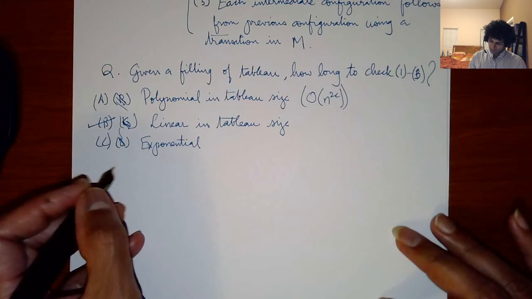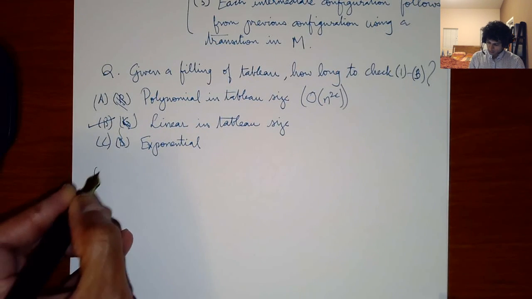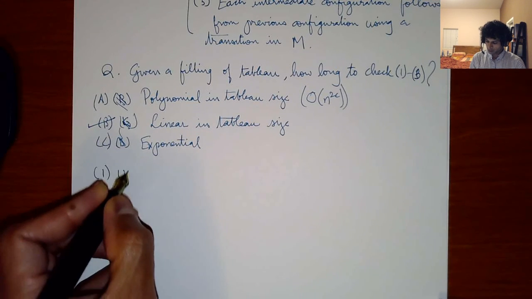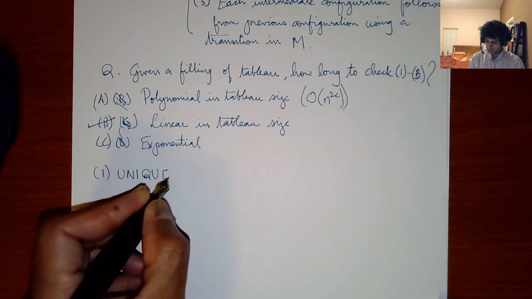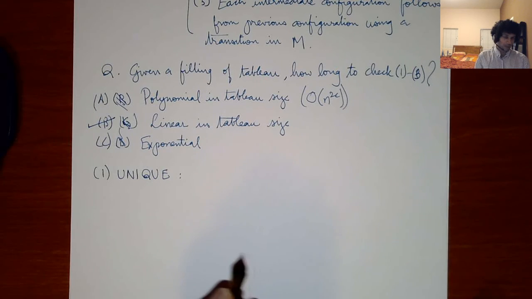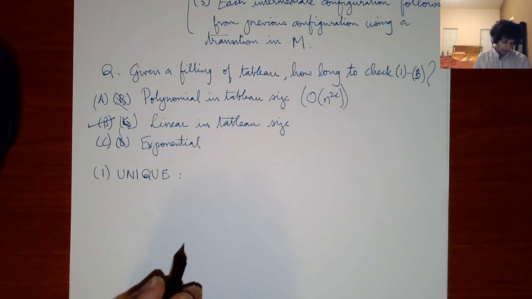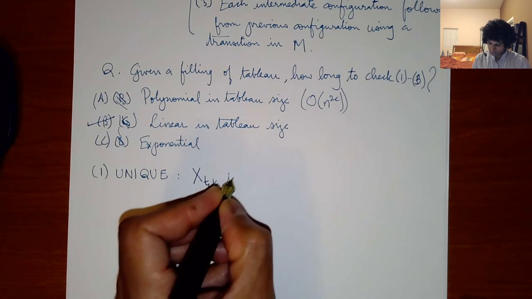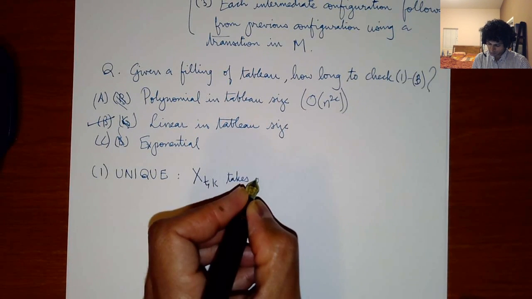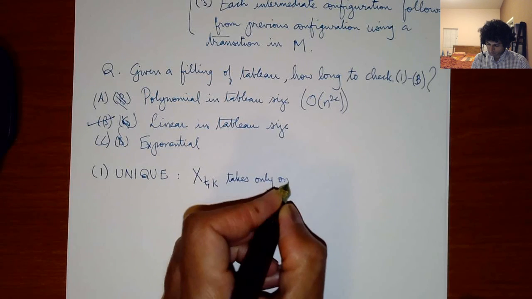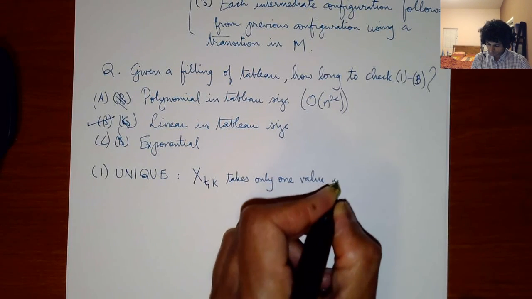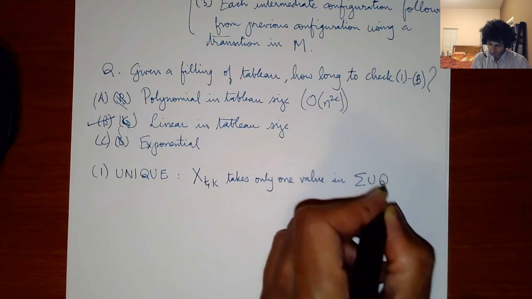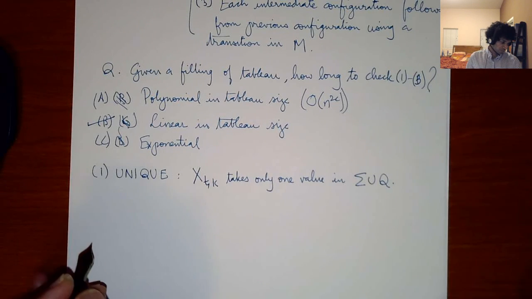So I can break it down into the following conditions, which I'll write down. Unique, which I'll encode as a Boolean formula: x_tk takes only one value in sigma union Q. This is sort of obvious.